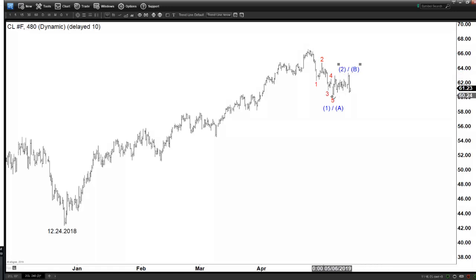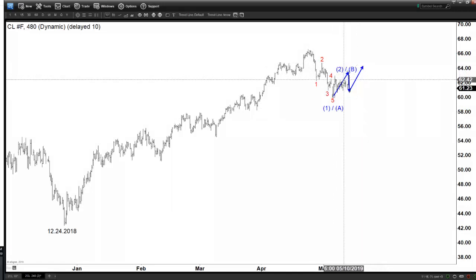We do need to break below this low here. If we do get a break below this low, which we expect, then that will confirm that this is indeed your wave 2 or wave B. So technically speaking, until we break below here, we can do a double correction, doing something like this again before turning lower. Until we get a break below here, this is a possibility.